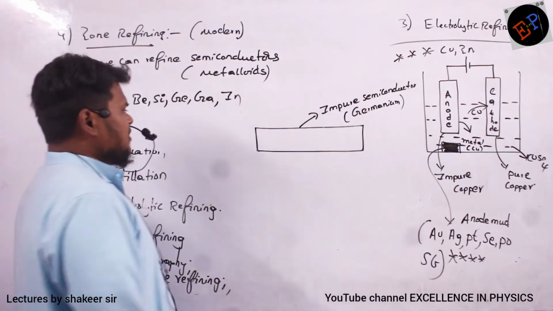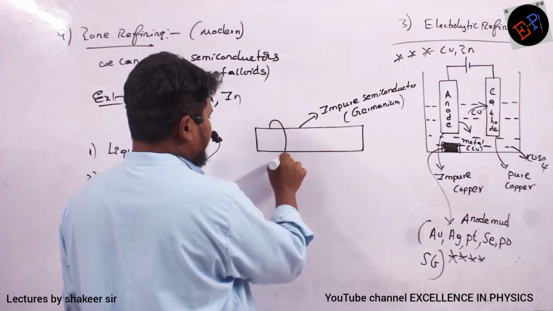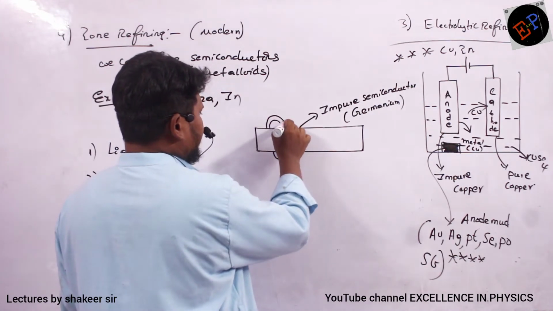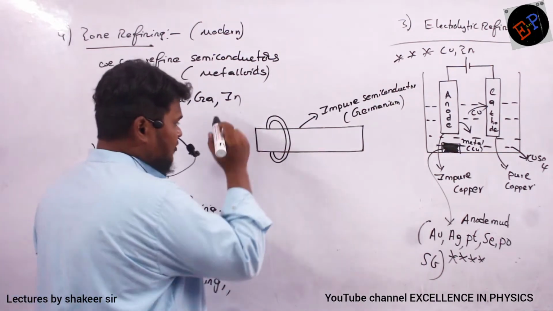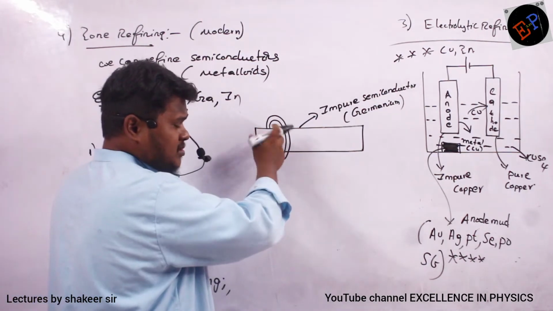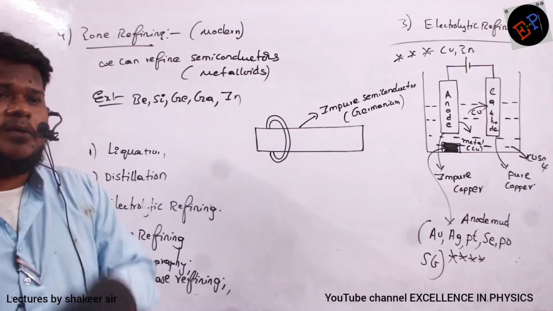Are you able to understand? Then, surrounding this rod, we place a heating material. We place a heater. We place this kind of heater around one cross section of this impure germanium rod.